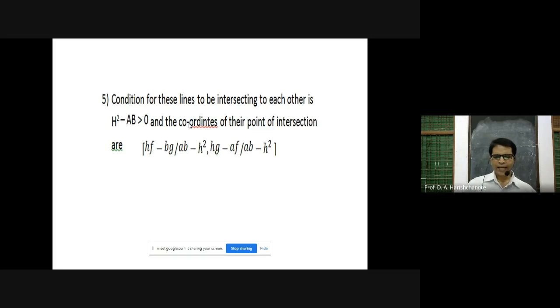The coordinates of the point of their intersection are given by hf minus bg upon ab minus h square, this is the x coordinate, and the y coordinate is given by hg minus af upon ab minus h square. For both of them the denominator is the same, ab minus h square. There is only a slight change in the numerator: for the x coordinate the numerator is hf minus bg, and for the y coordinate it is hg minus af.